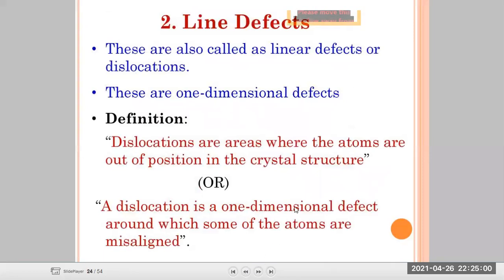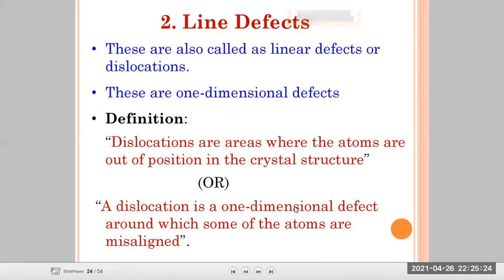So what are line defects? They are also known as linear defects or dislocations, and as we just discussed, they are one-dimensional defects. Dislocations are the areas where the atoms are out of position in the crystal structure. Atoms are normally arranged one by one in a very systematic manner.